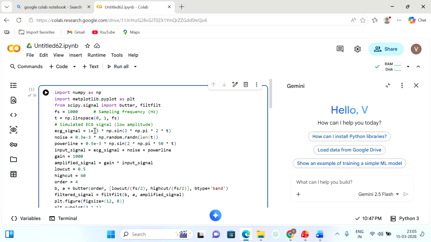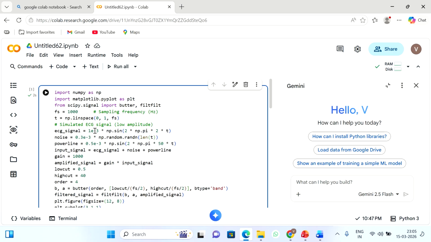What is the meaning? The Nyquist criteria is that the sampling frequency should be greater than or equal to twice the maximum frequency content present in the waveform. Suppose the Nyquist criteria is not fulfilled and the sampling frequency is less than 2 into the maximum frequency content present in the signal, then what will happen?